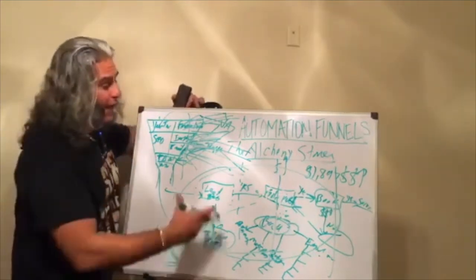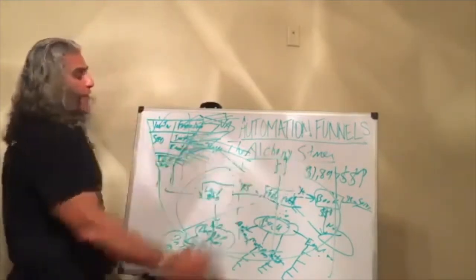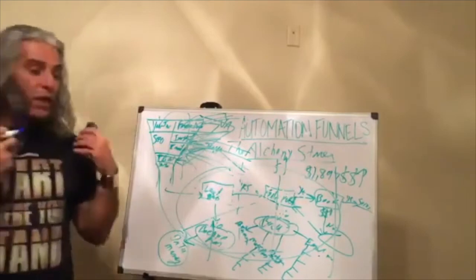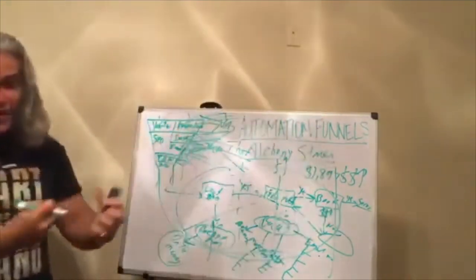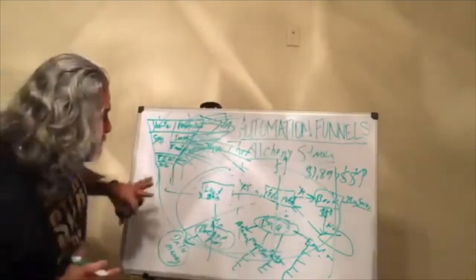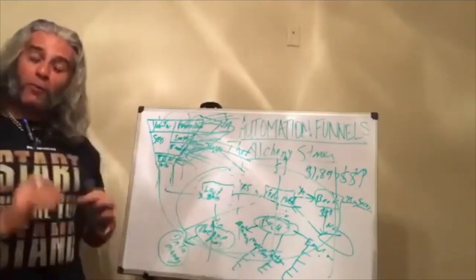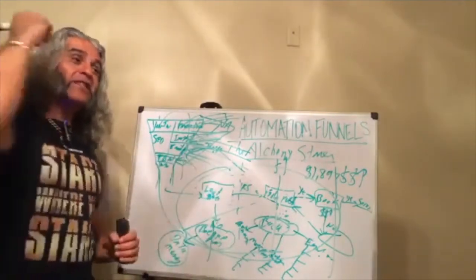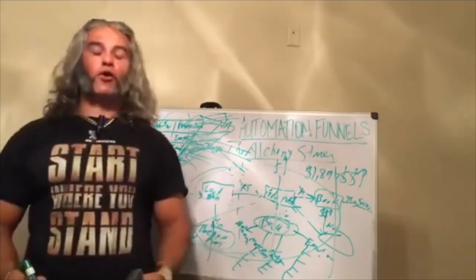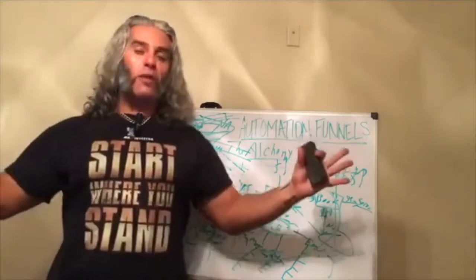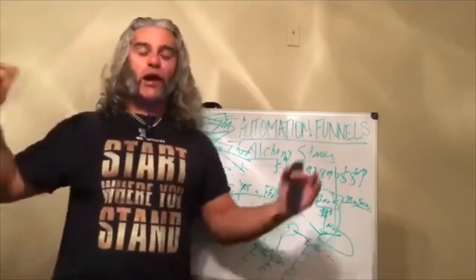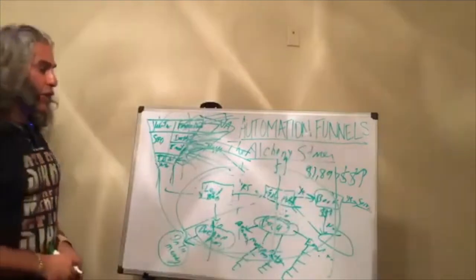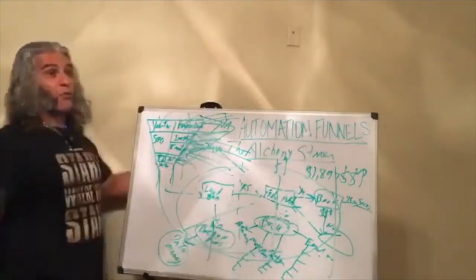I've learned a lot, and I packaged it up into what I call the Alchemy Stones, which is a gravity force that pulls in the traffic and shoves it into the automation funnels, which do the sales and closing for you, all on autopilot without you ever picking up the phone. Where else can you get that, guys? I know there are people who can create websites.